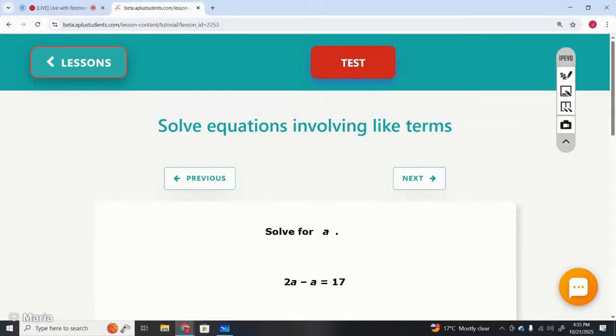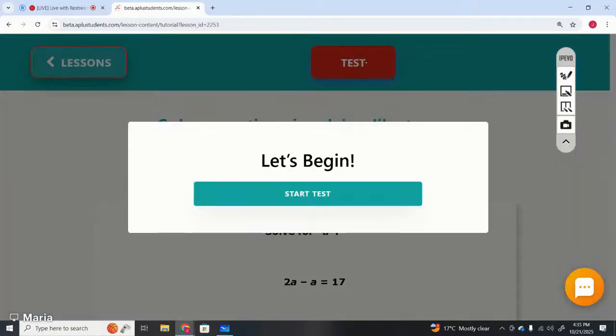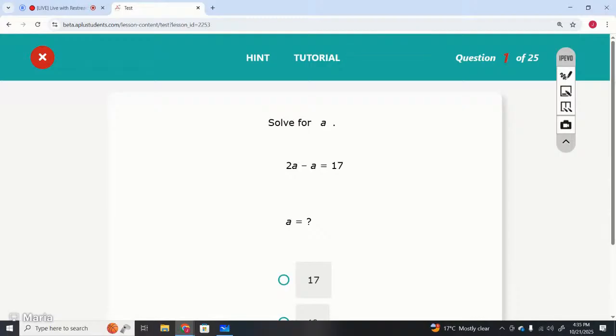Look at the first example. That is 2a minus a equals 17, right?